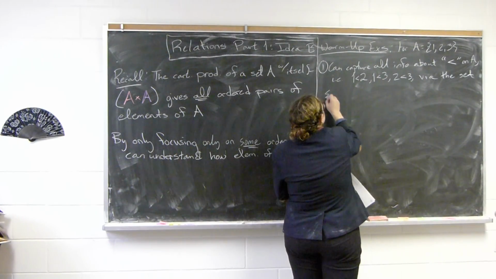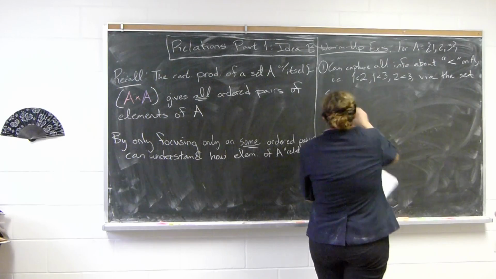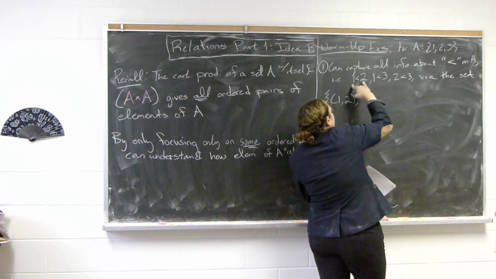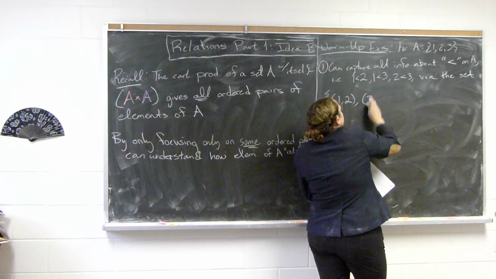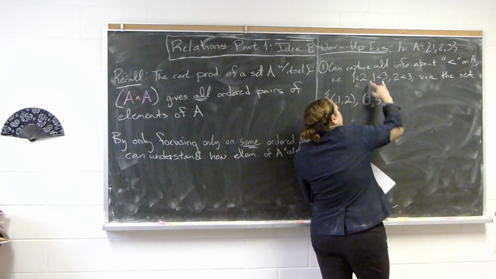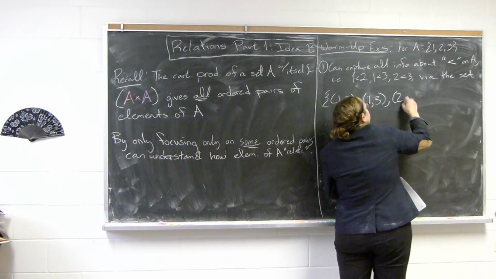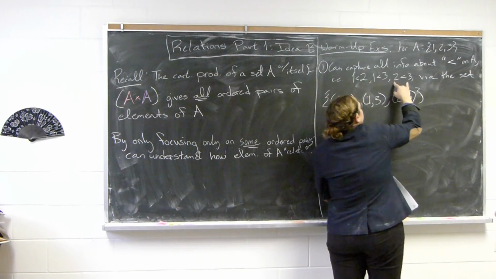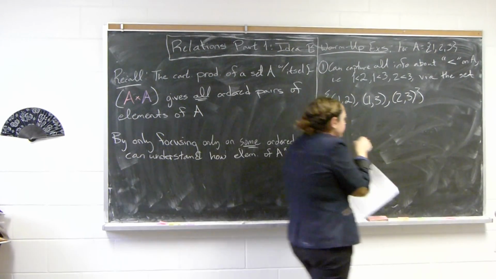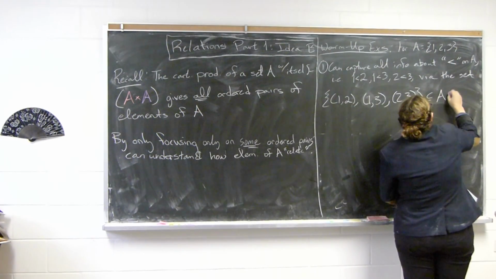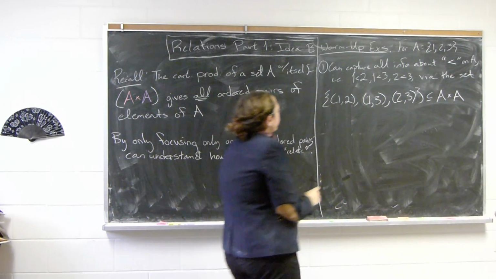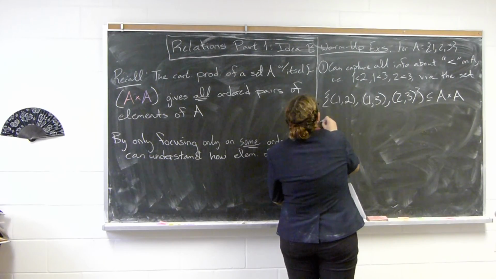So we look at the set where we have (1, 2), corresponding to 1 is less than 2, (1, 3), corresponding to 1 is less than 3, and (2, 3), corresponding to 2 is less than 3. And this is a subset of A cross A.